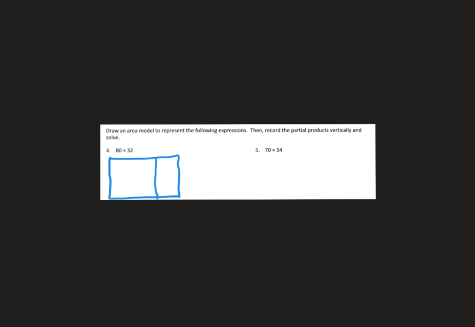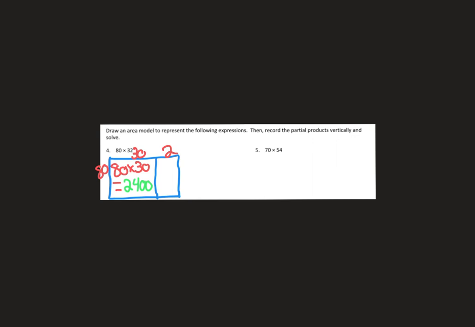So this first box will be 80 times 30, which gives us 2,400. An easy way to know this is 8 times 3 is 24 plus 2 zeros.